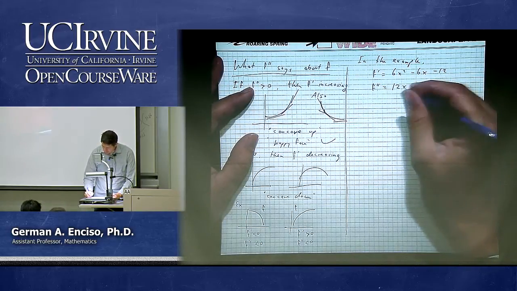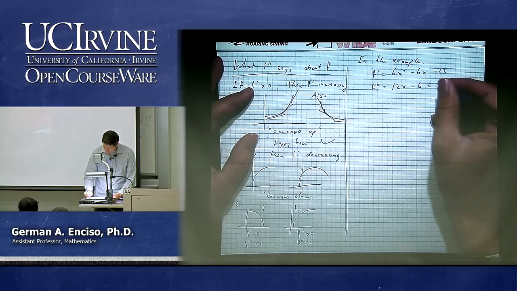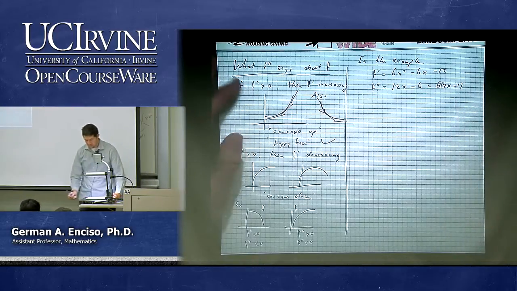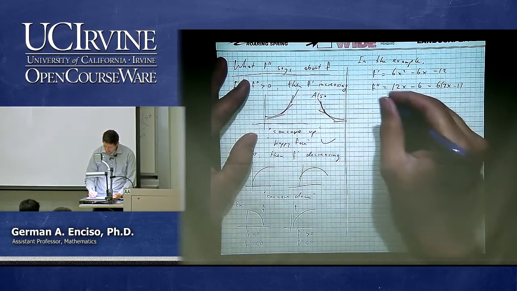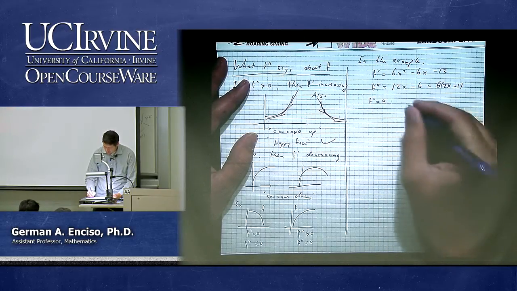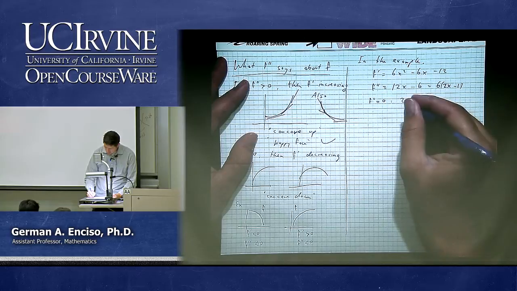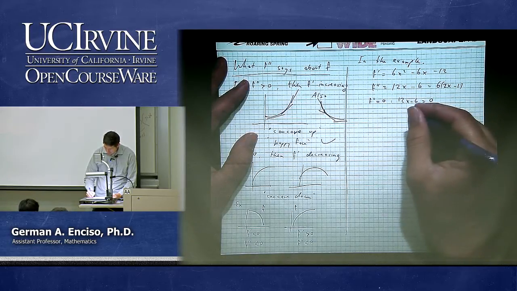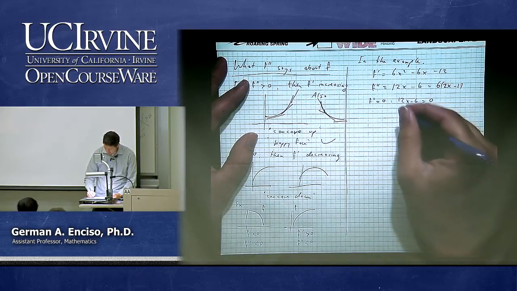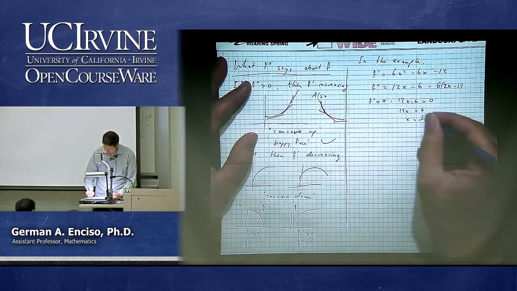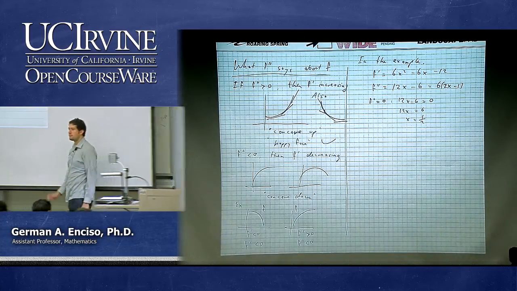Now, so this is 6 times 2x minus 1. When is f prime prime equal to 0? That means that 12x minus 6 is equal to 0, or that 12x is equal to 6, or x is equal to 1/2. All right, great.